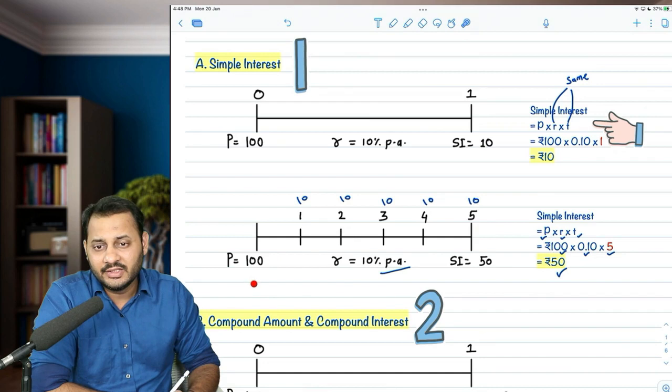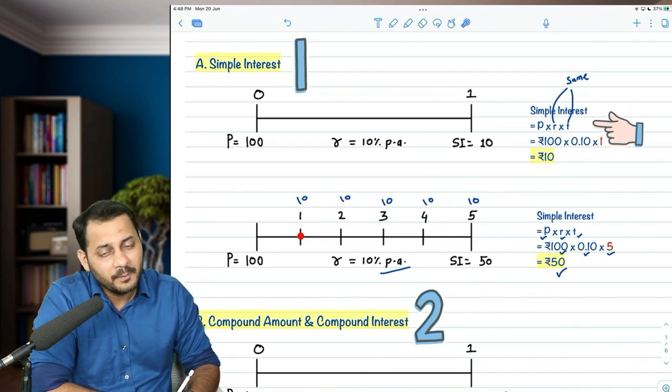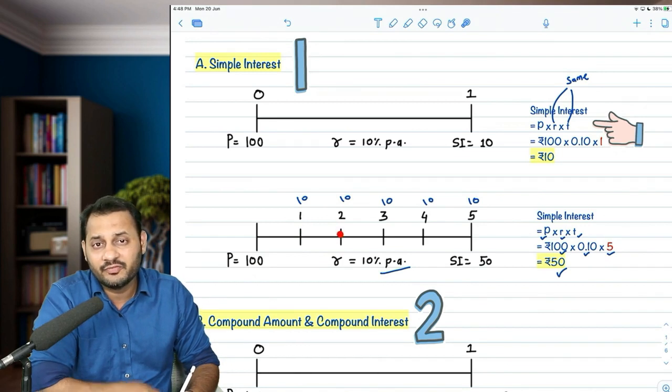If you see the graph, you have given 100 rupees to them, you have earned 10 rupees, but it was not given to you, although you are eligible to receive it. So what is happening? At this point of time, the bank has 110 rupees of yours with them. Now in the second year, the bank is using 110 rupees of yours.